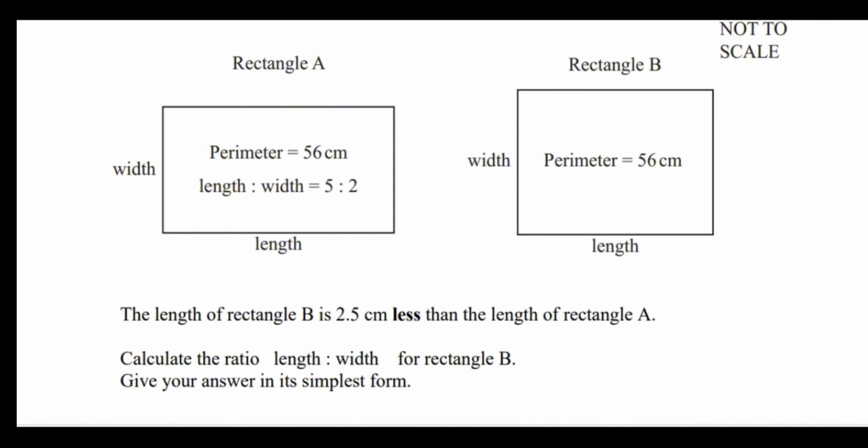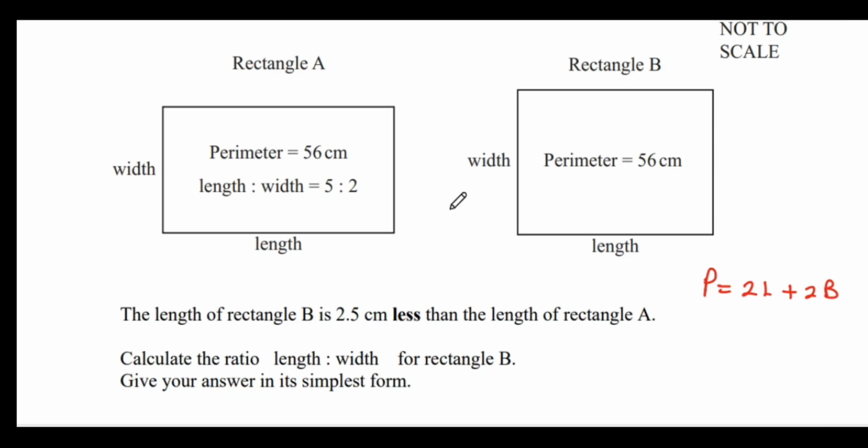Okay, so in this question, we are given the perimeter of rectangle A, and we are also given the perimeter of rectangle B. Looking at the value of the perimeter, we can see that they have equal perimeter. But in the statement given for the question, they say that the length of rectangle B is 2.5 cm less than the length of rectangle A. Now we need to understand that the perimeter is equal to 2L plus 2B, which is 2 times length plus 2 times the breadth or the width.